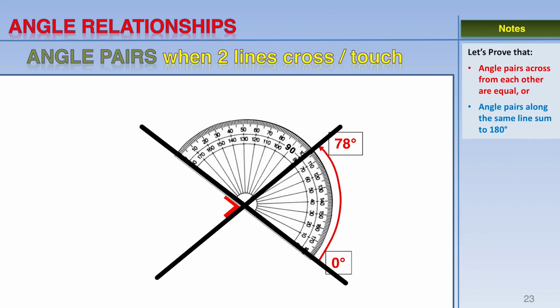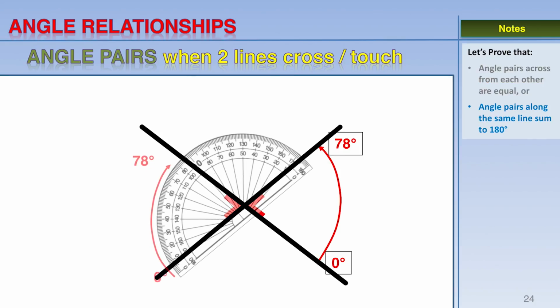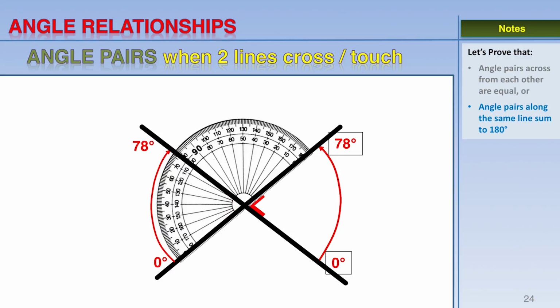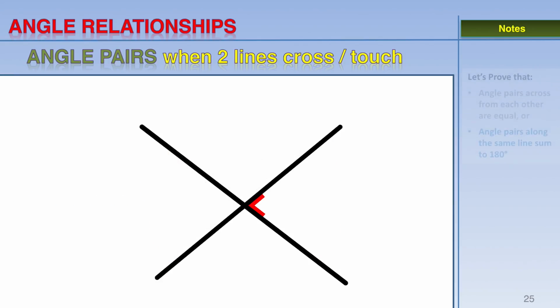It's 78 degrees. On the right side, we're going to measure the angle across from it. It also measures 78 degrees. Therefore, angles across from each other are equal when two lines cross.